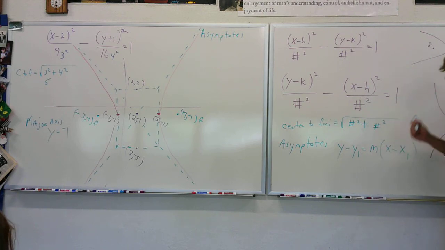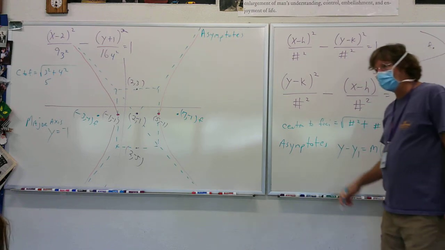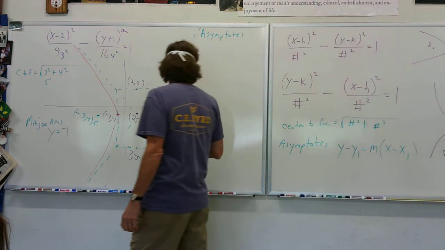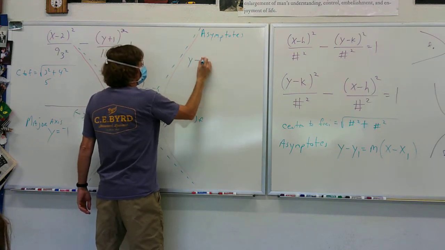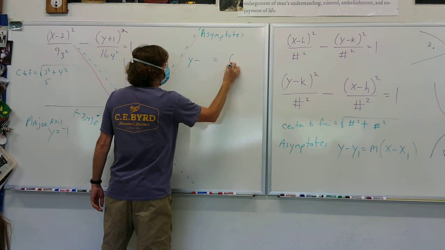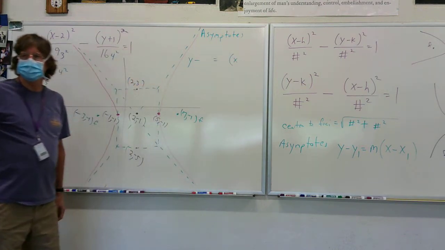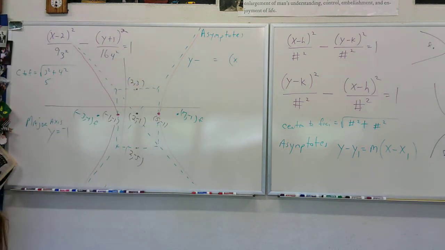We're going to use the center as our point. Put a big star and put, we are using the center as our point. And we can do fill in the blanks mathematics. But what are we always going to use as our point? The center. If you don't use the center, you can still get the right equations, but it's harder.